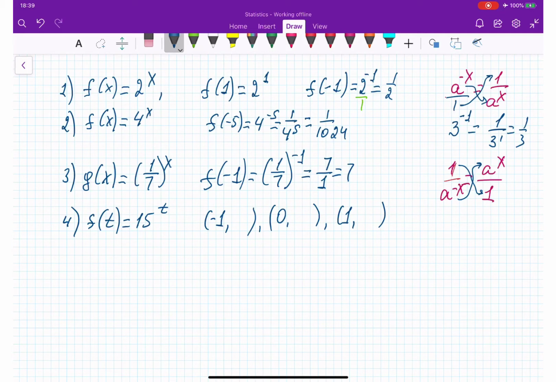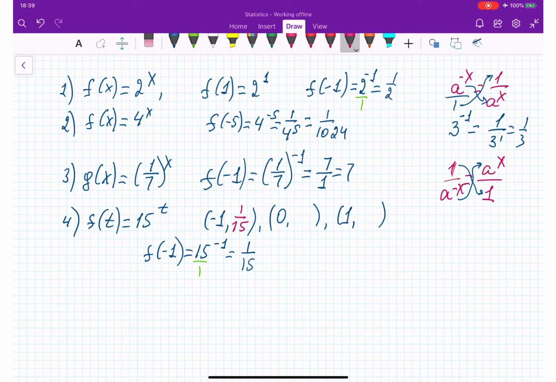So how are we going to do it? f of negative 1 is going to be equal to 15 to the power negative 1. Since 15 is 15 over 1, if I flip the fraction, it's going to be 1 over 15. For the point at negative 1, the y-coordinate is going to be 1 over 15.